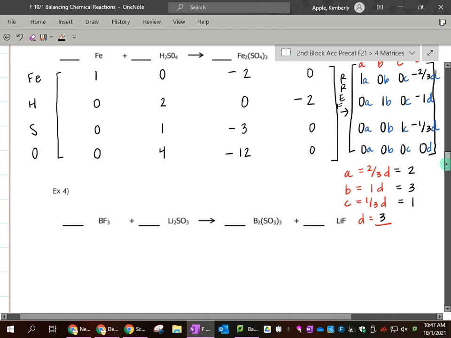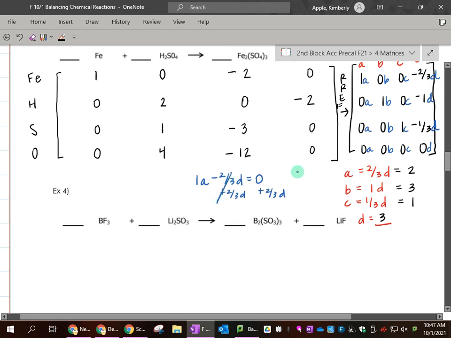Why would A be with 2/3 if A is the column? Because the equation you pulled out of here is 1A minus 2/3 D equals 0. And then you solve for A by adding 2/3 D to both sides.